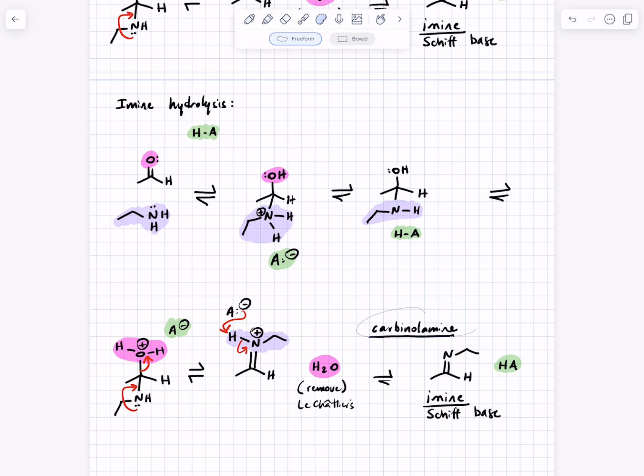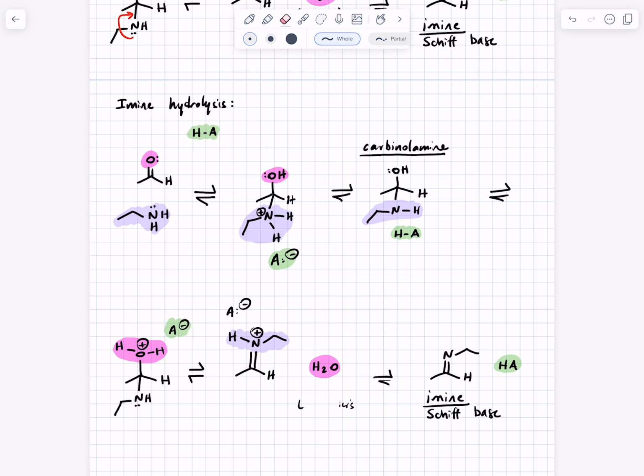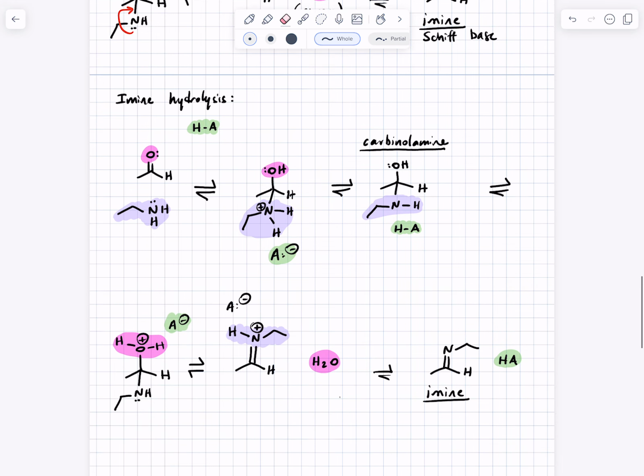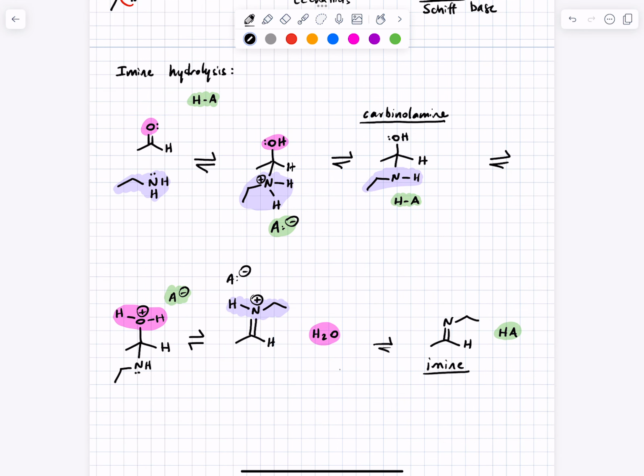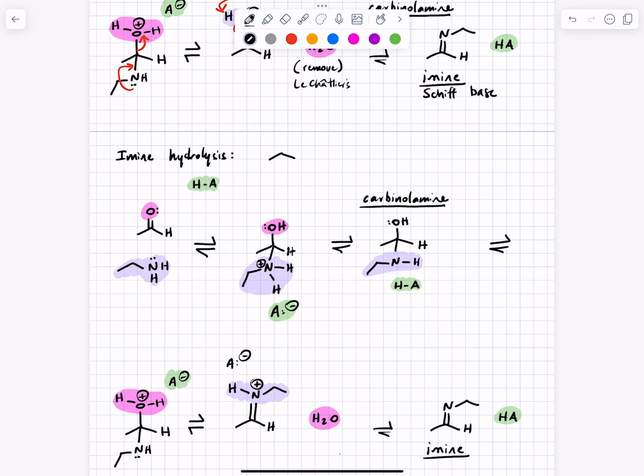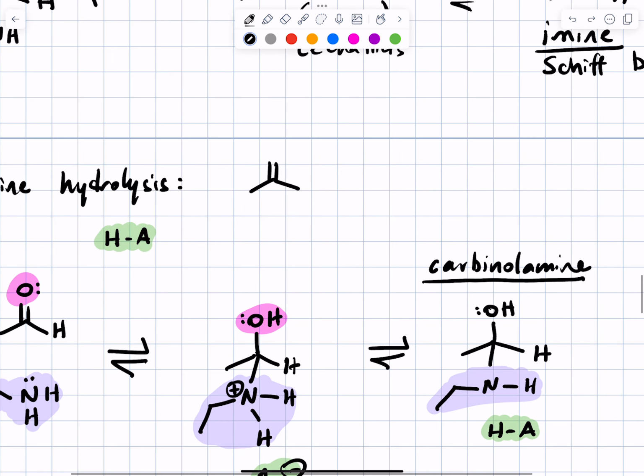We'll still call that the carbonylamine because it's an intermediate on the pathway. We're also keeping the highlighting but getting rid of the arrows. Okay. So, there we go. The goal in imine hydrolysis, the overall reaction, is to start with the imine.